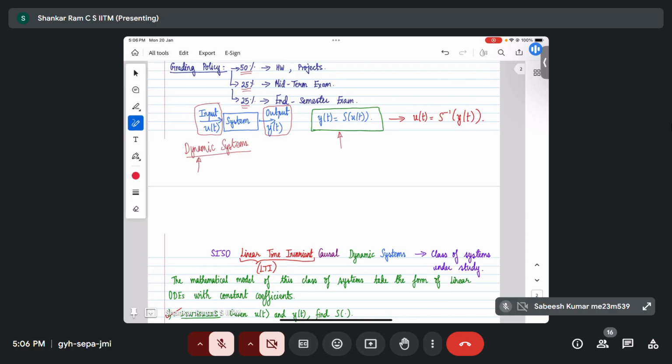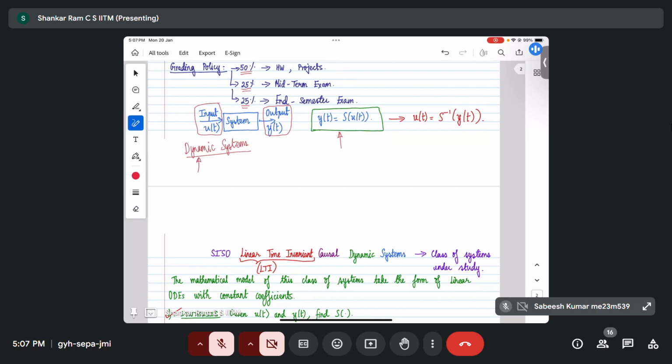In vehicle dynamics, you and I would have learned to derive this mathematical model for various applications, be it drive or braking or cornering or ride dynamics, where we looked at the suspension model and so on. We looked at how the system output or response is related to the system input.